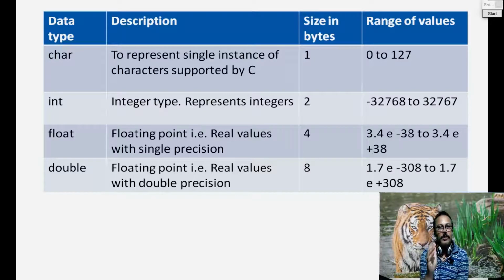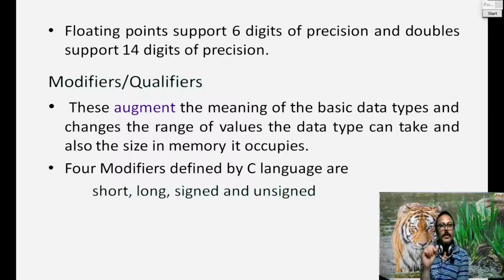If you want more precision, go with double. Float occupies 4 bytes, double occupies 8 bytes. Float supports 6 digits of precision, and double supports 14 digits, that is, the digits after the decimal point.